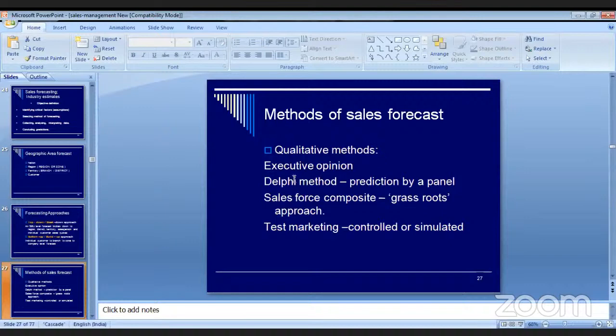Again I'm repeating. Qualitative method: you are focusing on the quality aspect of the product, so you are highlighting the quality. Tata Bata is there, focusing on the quality aspect.